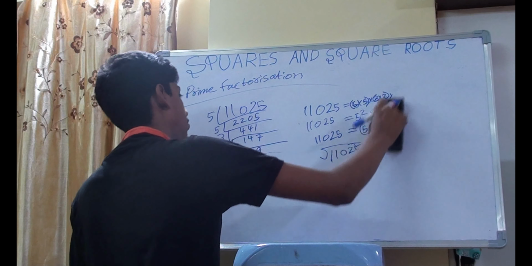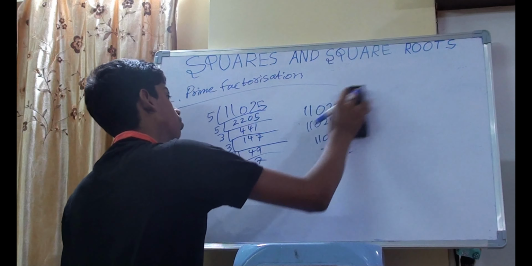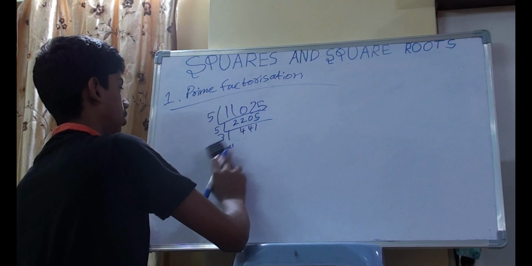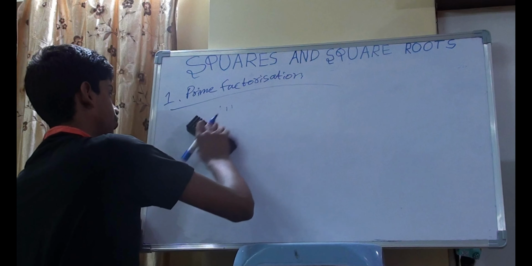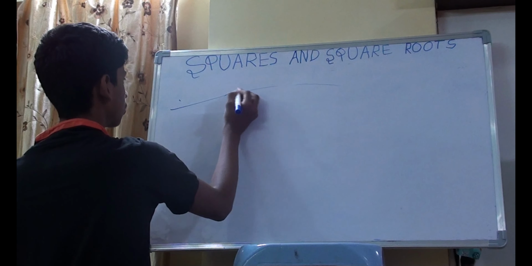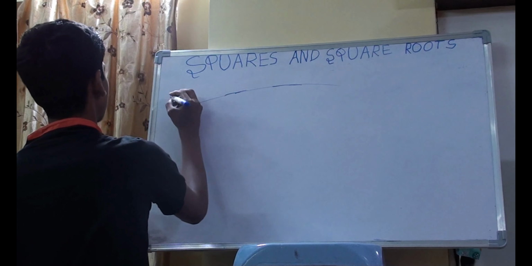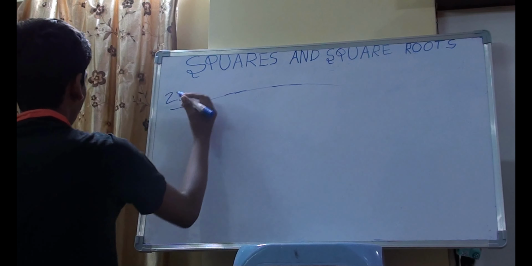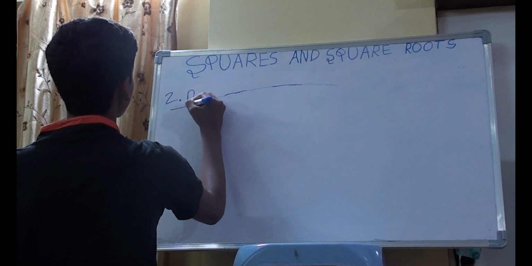Now let's go for method 2. Let's take the same number in method 2. Method 2 is the division method.